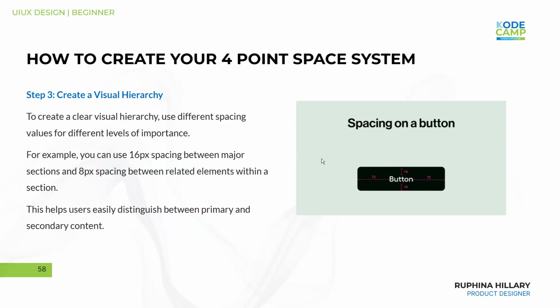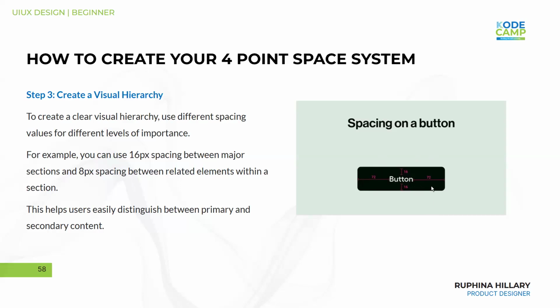Now, for spacing on a button, to easily differentiate padding from margin. In this button, you can see 72 pixels here, 72 pixels here, 16 pixels here, 16 pixels here. All this space around the button text inside is the padding. You have the top padding, the bottom padding, the left padding, and the right padding.